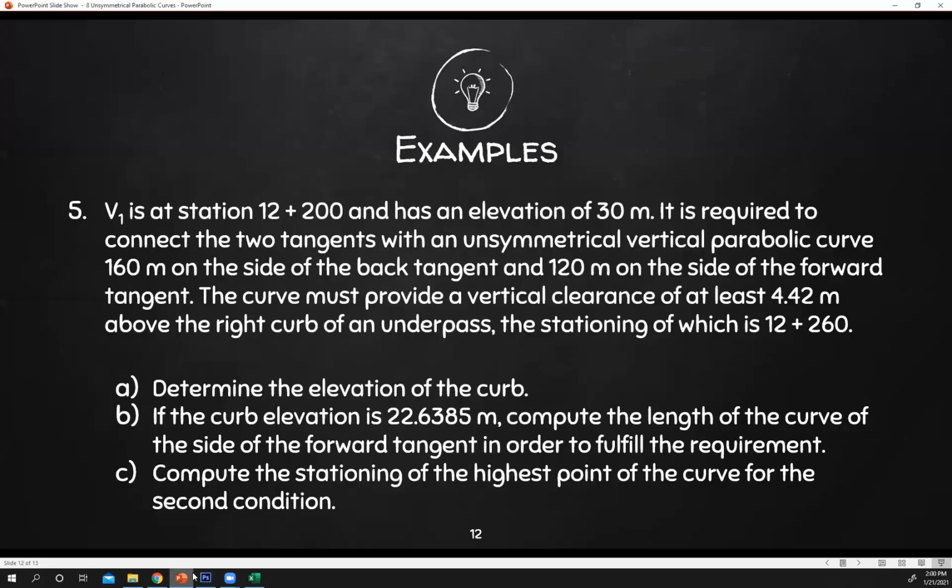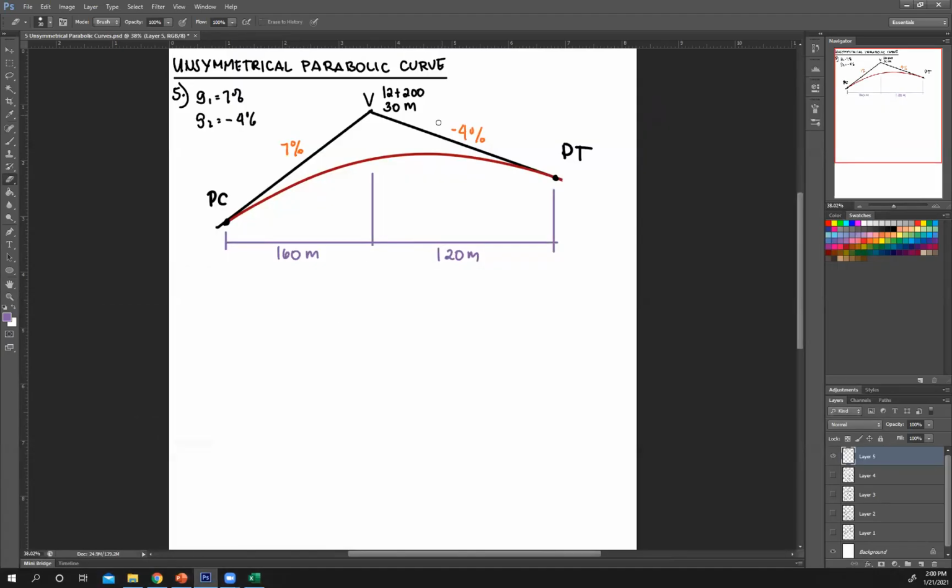Again, we're not to scale. And then the curve must provide at least vertical clearance above the right curve of an underpass with this stationing 12 plus 260. So 12 plus 260 meaning the right side of your curve is somewhere here, or curb, or underpass, since this is 12 plus 200.